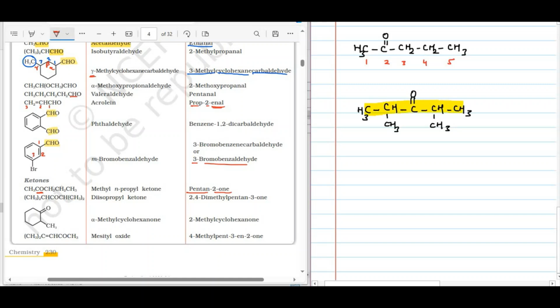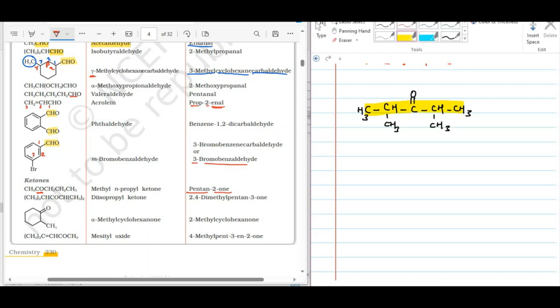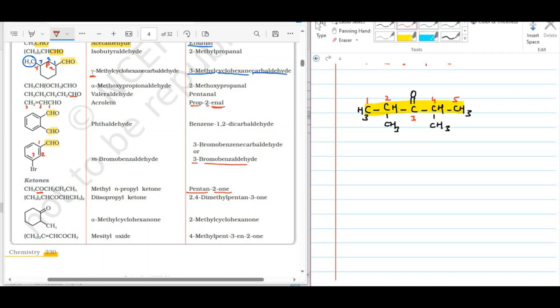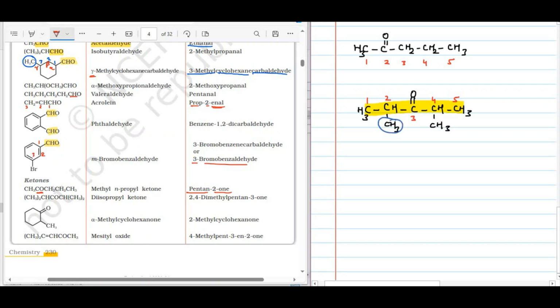So this is the longest carbon chain that contains the ketone. Now number this chain: 1, 2, 3, 4 and 5. So methyl substituents are bonded to the second carbon and fourth carbon. So when you write the name, you will write 2,4-dimethylpentan-3-one.